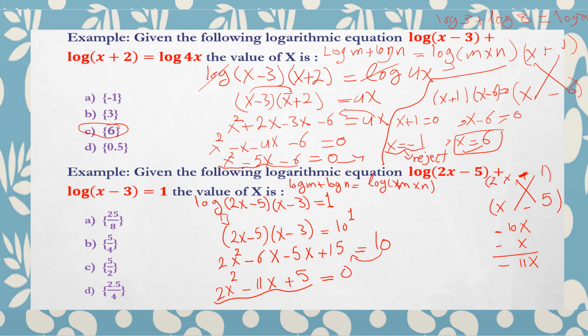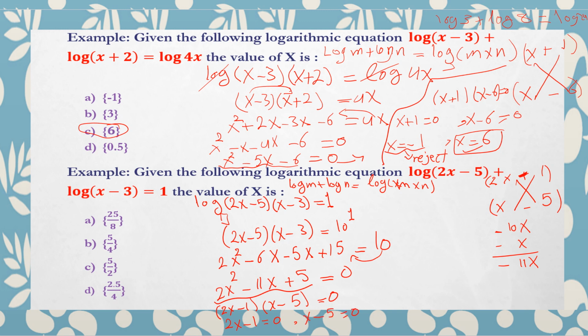So by using factoring method, we can solve this quadratic equation, and this would equal (2x minus 1) times (x minus 5) equals 0. So 2x minus 1 equals 0, and x minus 5 equals 0.